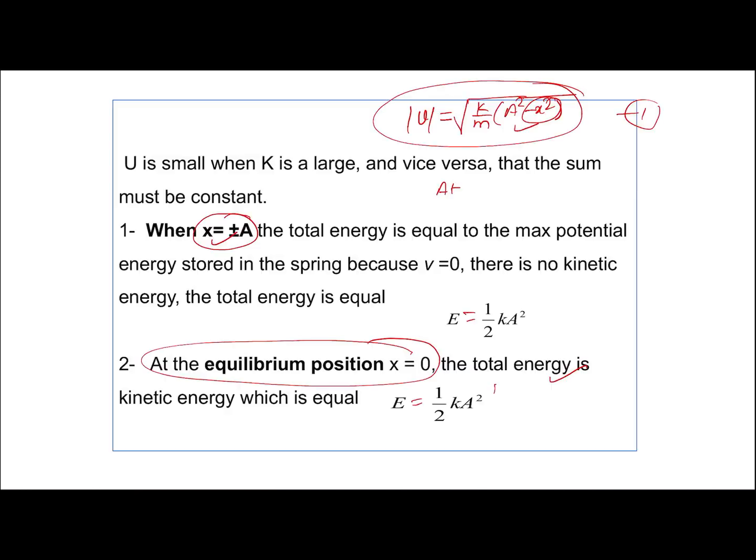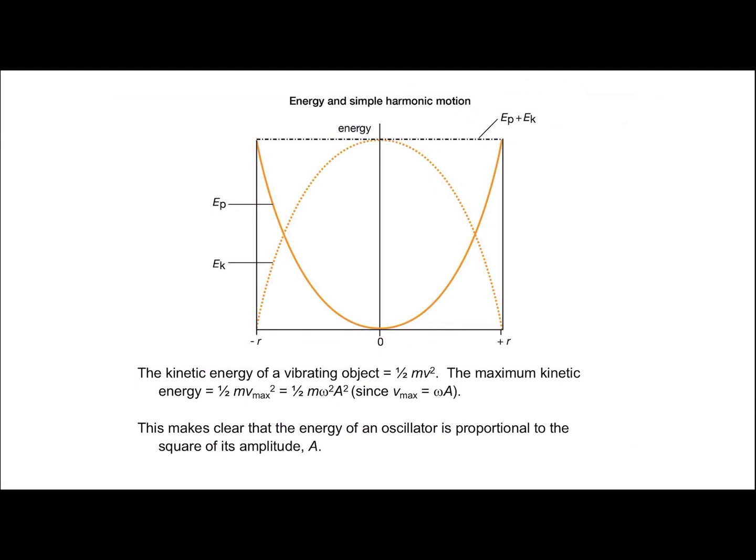At the mean position, potential energy is 0 but the kinetic energy is maximum. At the extremum, potential energy is maximum but the kinetic energy is minimum. But the total energy remains constant.